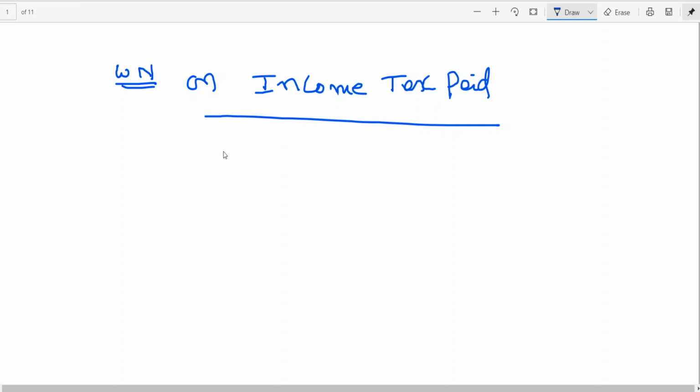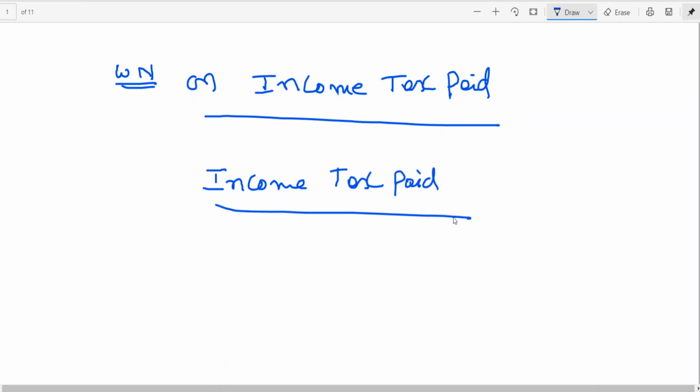I think it has also been given in the material, but let me explain this. Income tax paid is what we want.